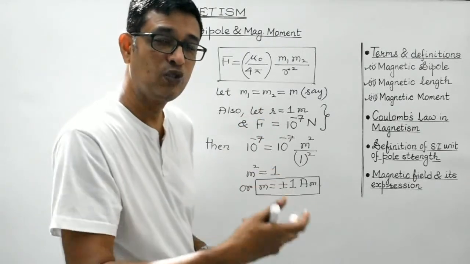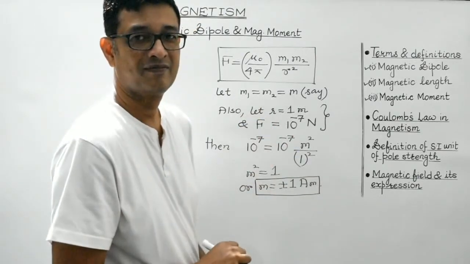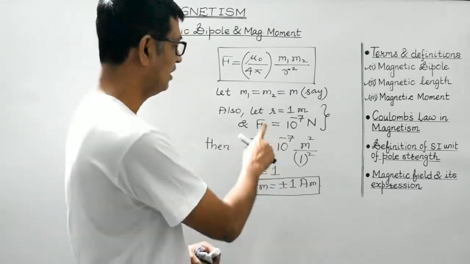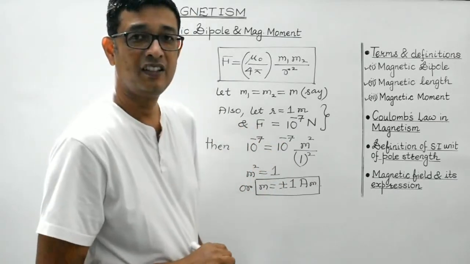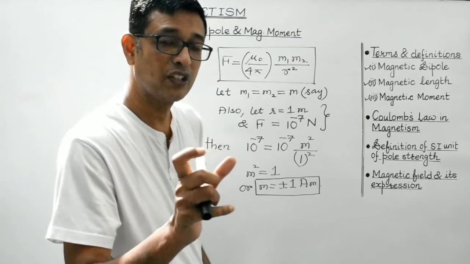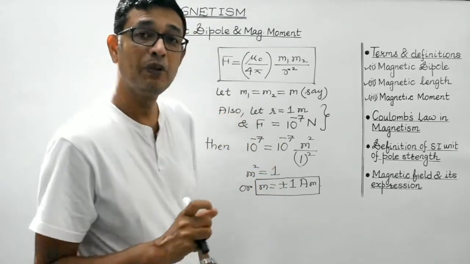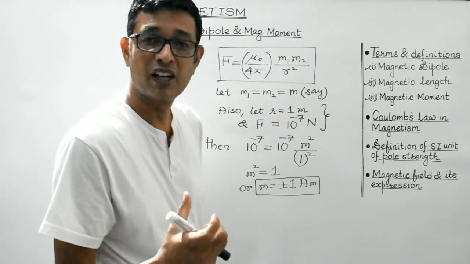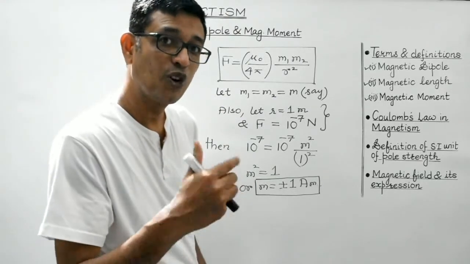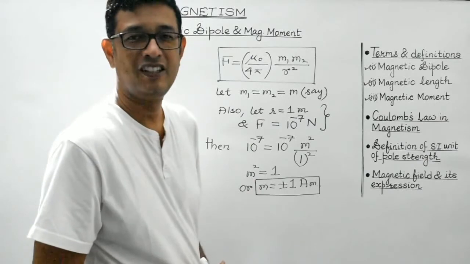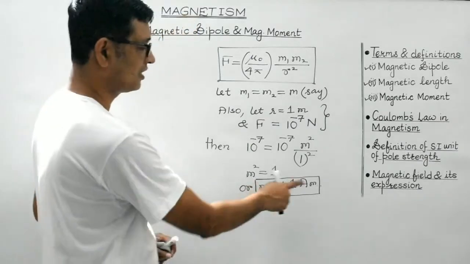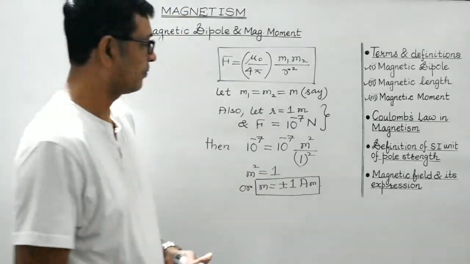similar and equal pole. And obviously, as we discussed earlier, this force will be of repulsive nature if you consider equal and similar pole. This force will be of attractive nature if we consider equal and opposite poles. Clear? Again, I must repeat this statement for 1 ampere meter.